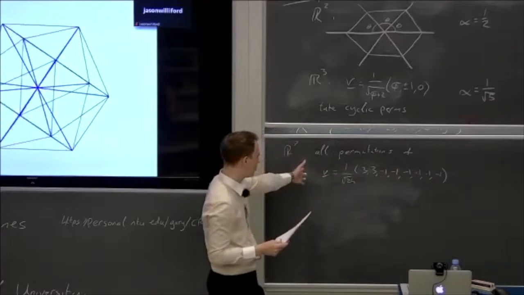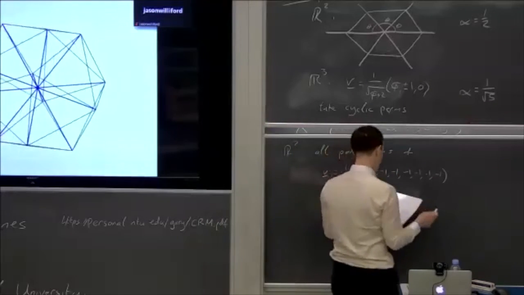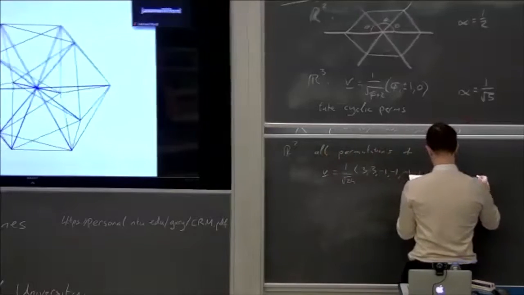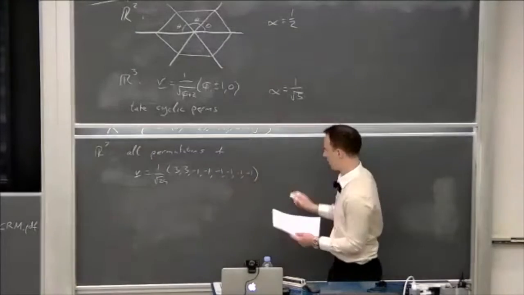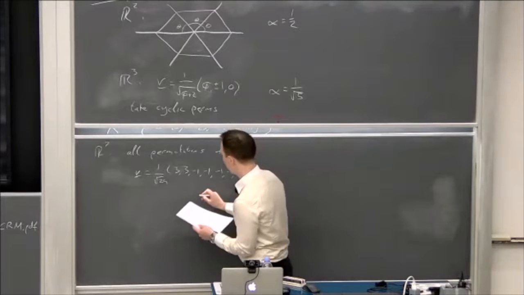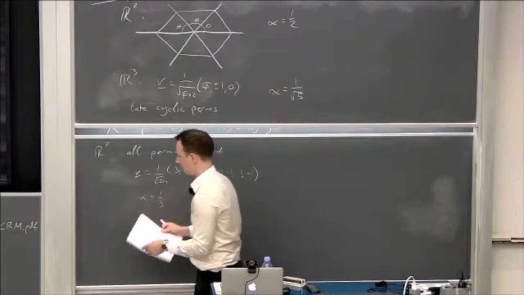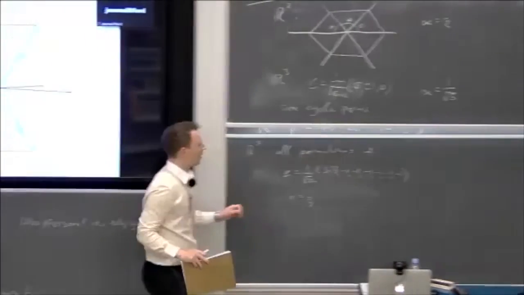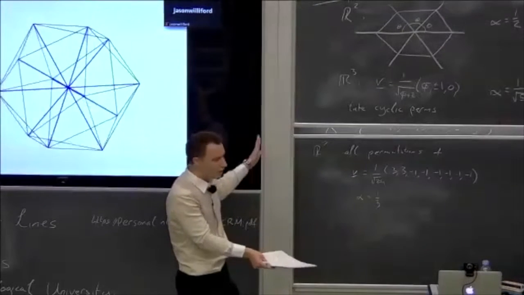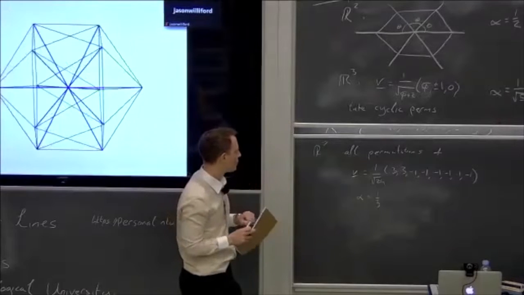Take all permutations of this, and then these unit vectors will span 28 lines. And here, the common angle is 1 over 3. So here are just 3 nice examples of equiangular lines.